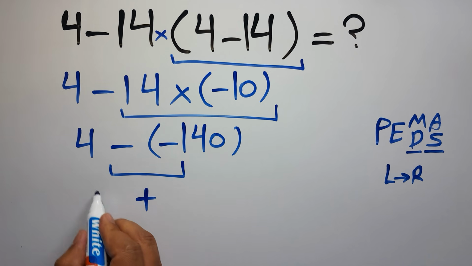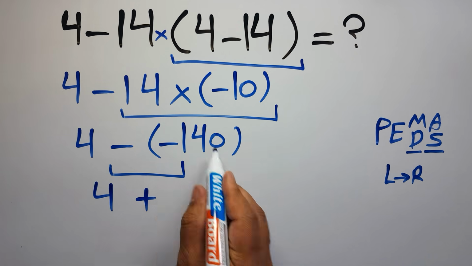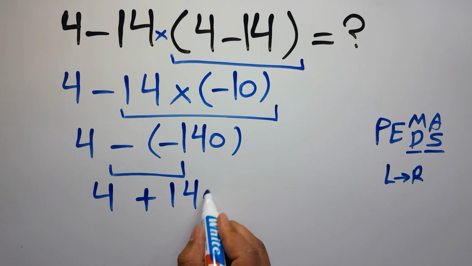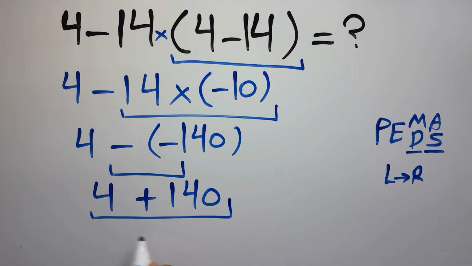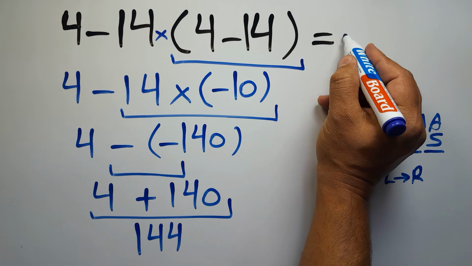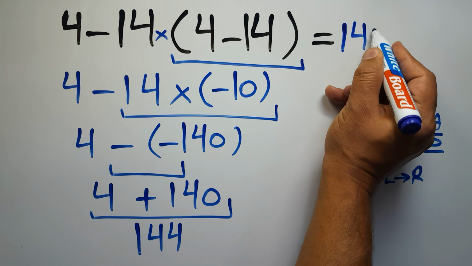So we have 4 plus 140, which equals 144. And this is our final answer to this problem. The correct answer is 144.